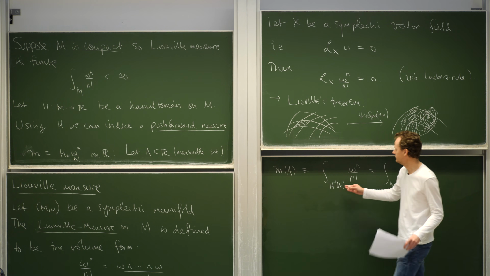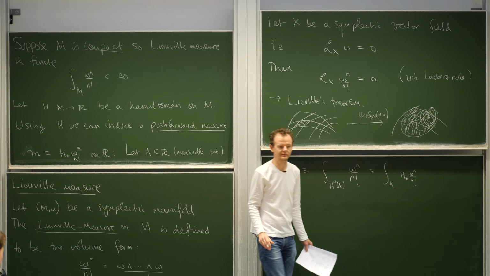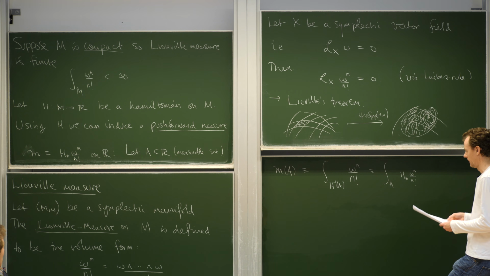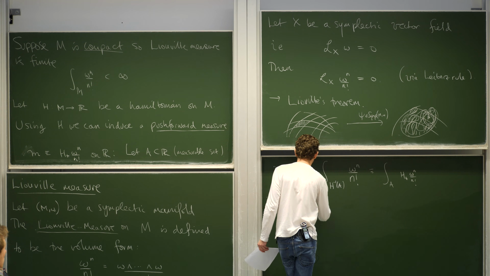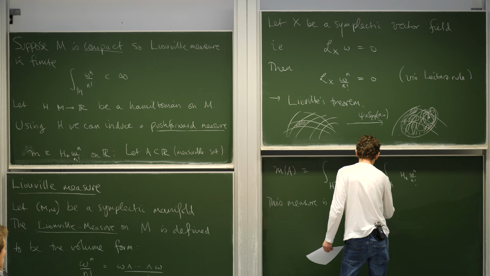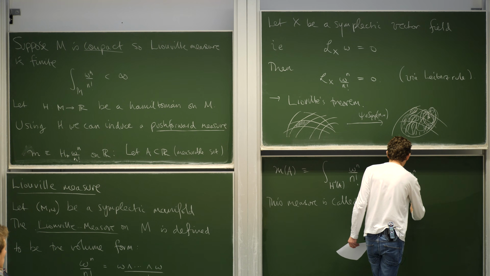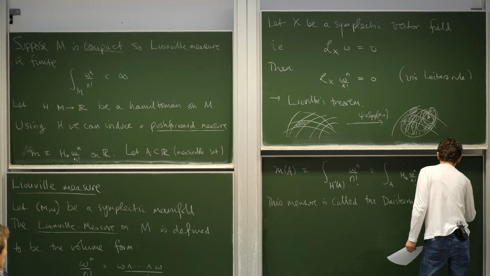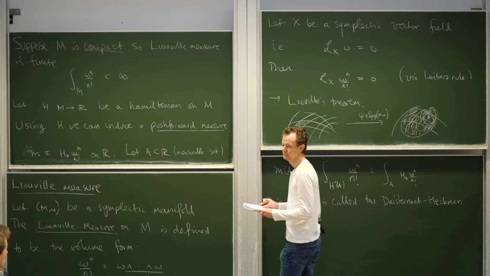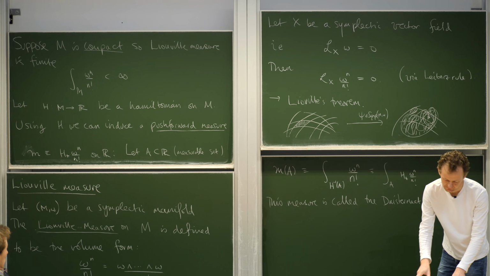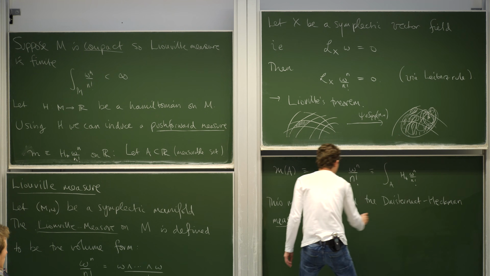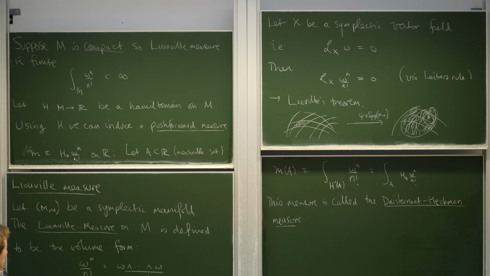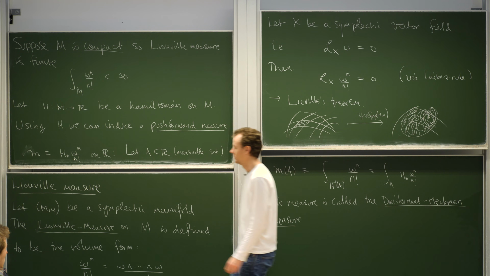The proportion of phase space whose energy lies in A. So a pretty physical question to ask. This measure has a name. It's called the Duistermaat-Heckman measure. Now the Fourier transform of the Duistermaat-Heckman measure is a very interesting object indeed. It's got to do with path integrals.